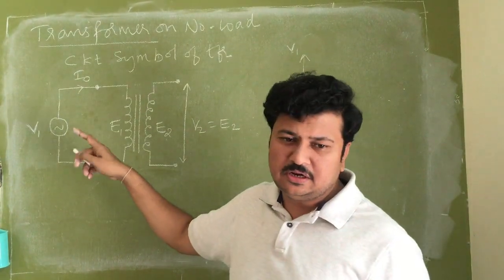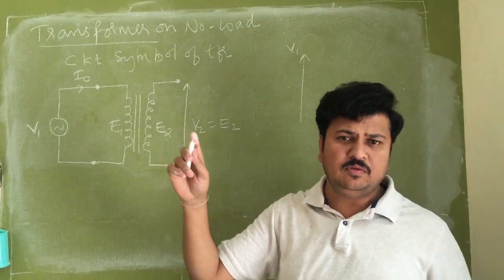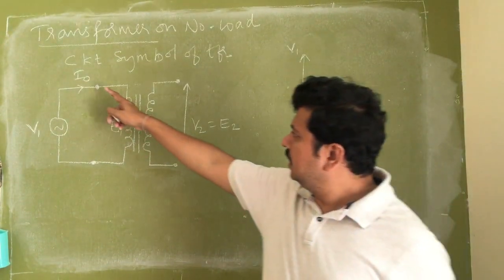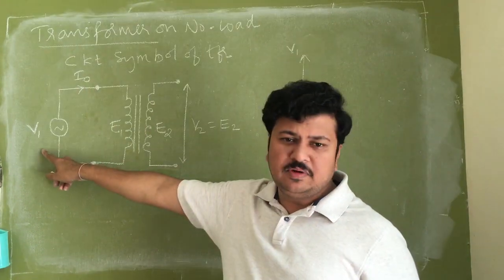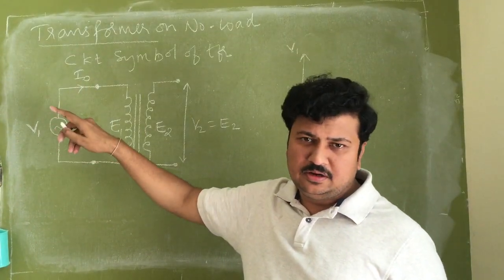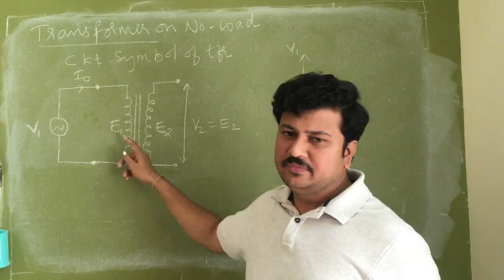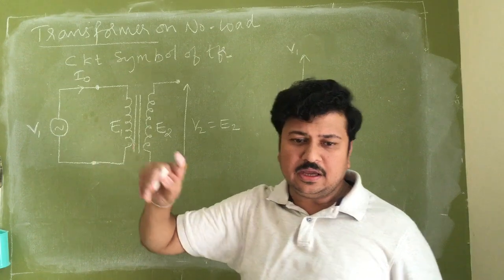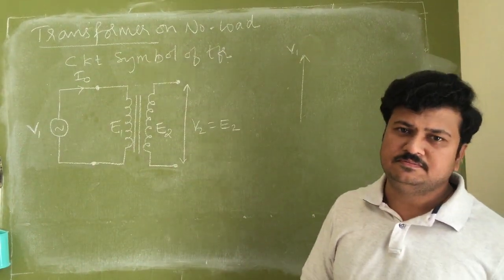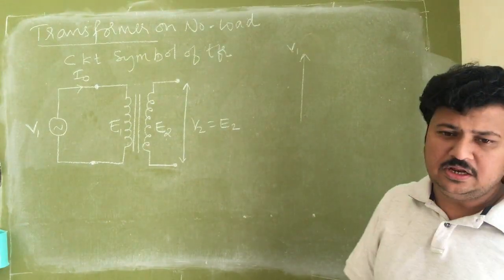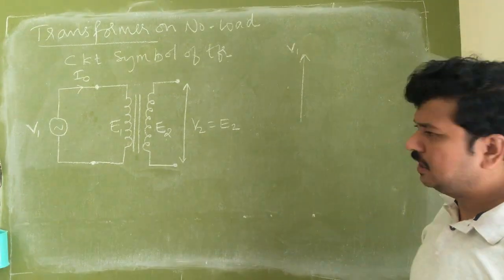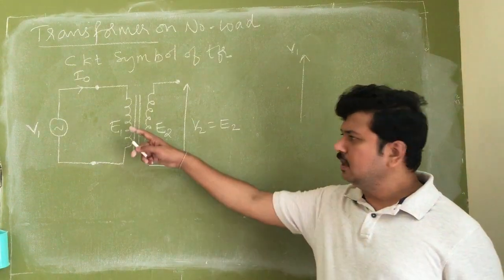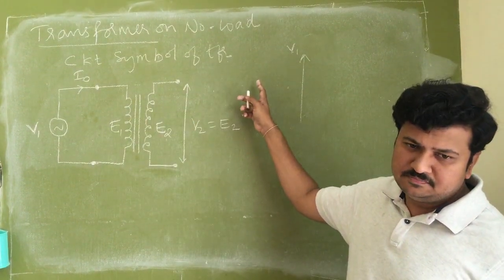Primary is now an RL circuit with a large value of L and very small value of R. Therefore, the current I0 will be lagging behind V1 by an angle phi, no doubt, because it is an inductive coil. Current I0 will obviously lag behind V1, but the lagging angle will be nearly 90 degrees because the coil is highly inductive. If the coil is highly resistive, the lagging angle will be nearly 0 degrees. Okay?